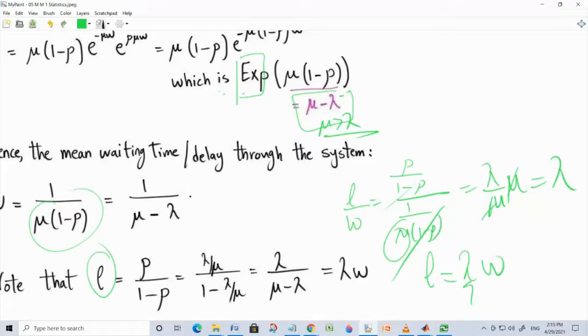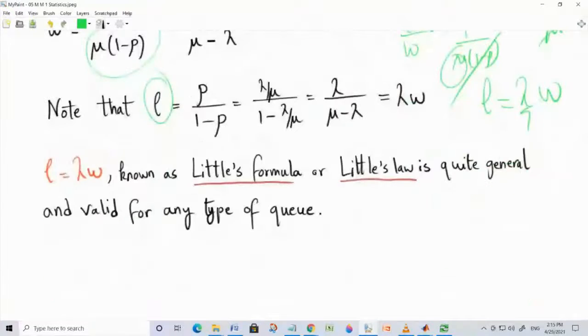And so this is one of the fundamental results in queuing theory called Little's theorem.